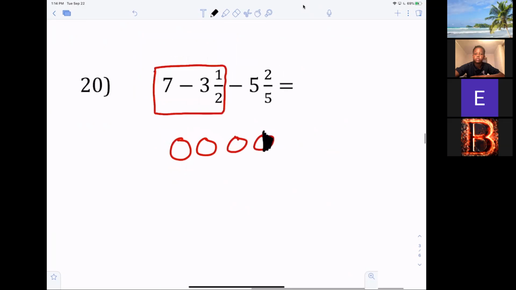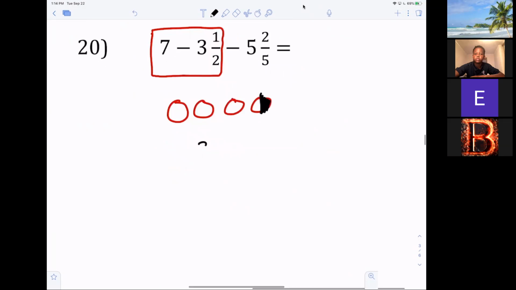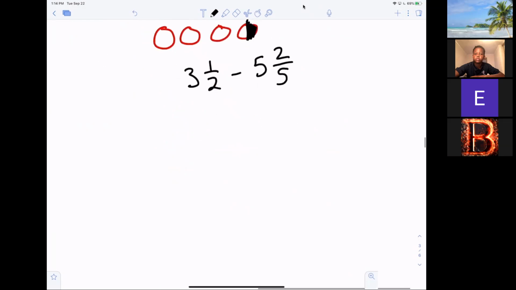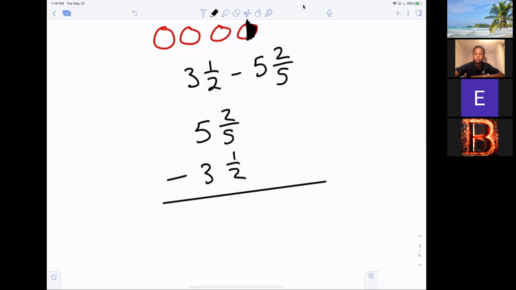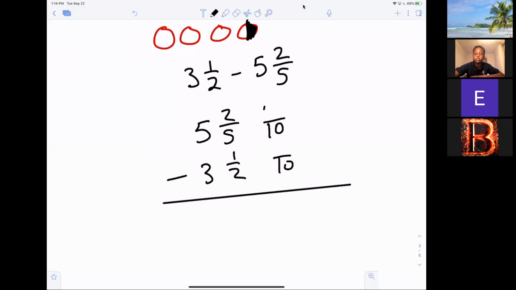Very nice. So now I have 3 1/2 minus 5 2/5. Am I adding or subtracting? Yep, you're right. 5 2/5 minus 3 1/2. Common denominator is? Multiply the first fraction by, the second fraction by.